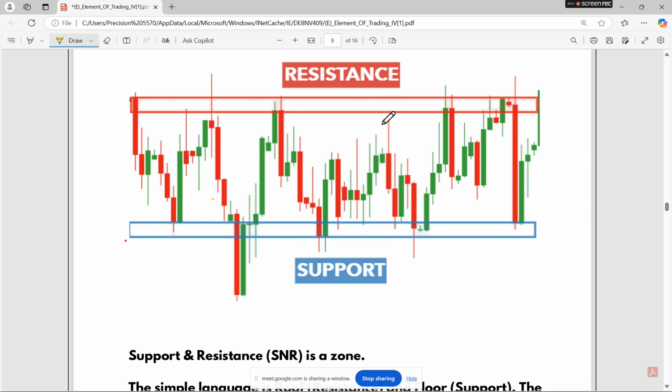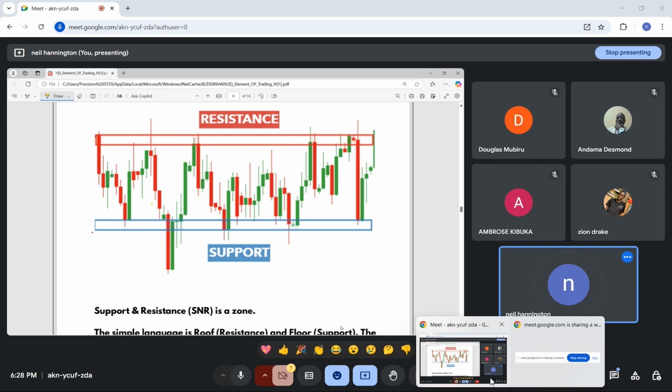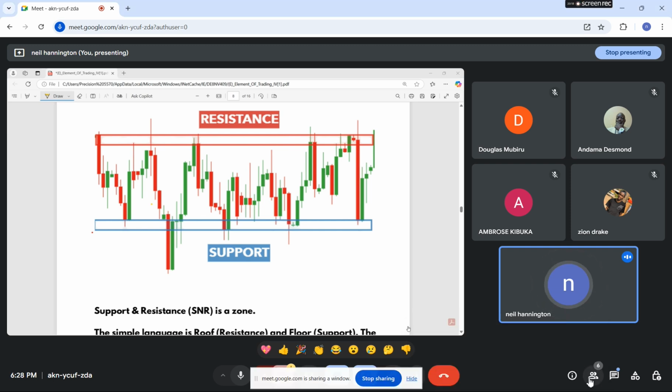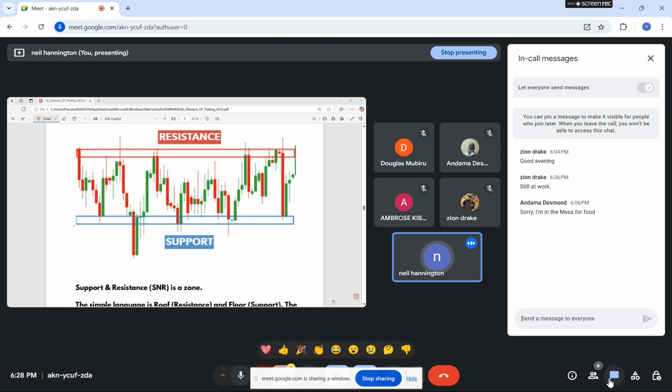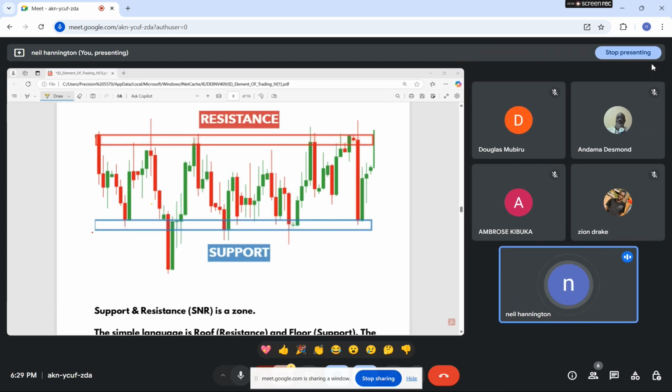The forex trading market is like our local market. The forex trading market is just like our local markets.